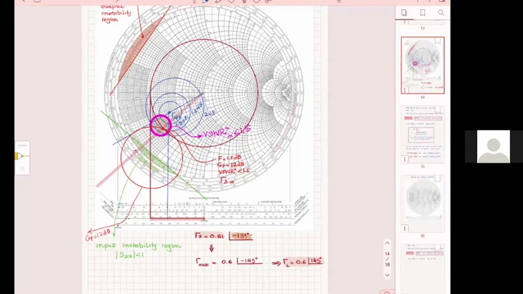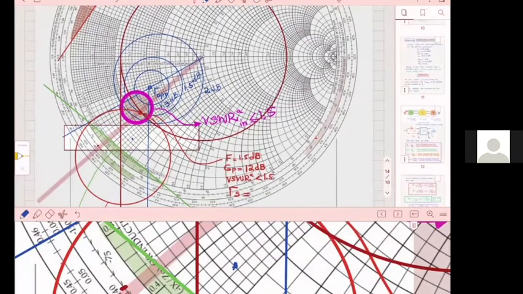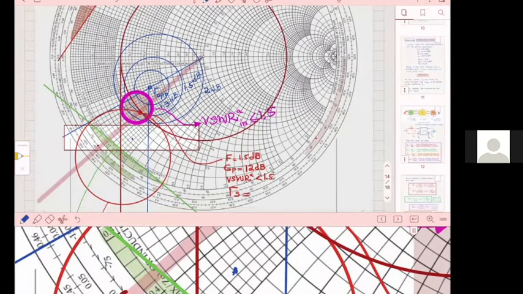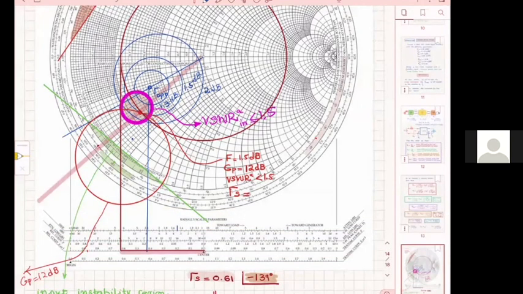In noise, if you remember how it goes, your gain circles, how are they going to go? Lower values for gain will go further out. And the G maximum gain is somewhere here.